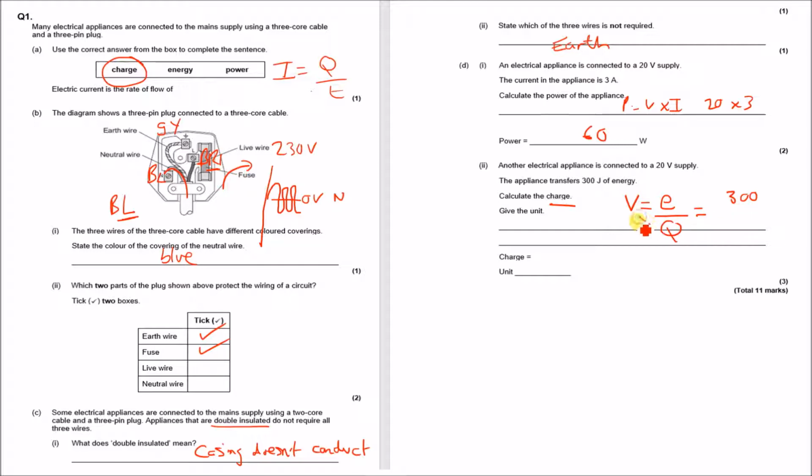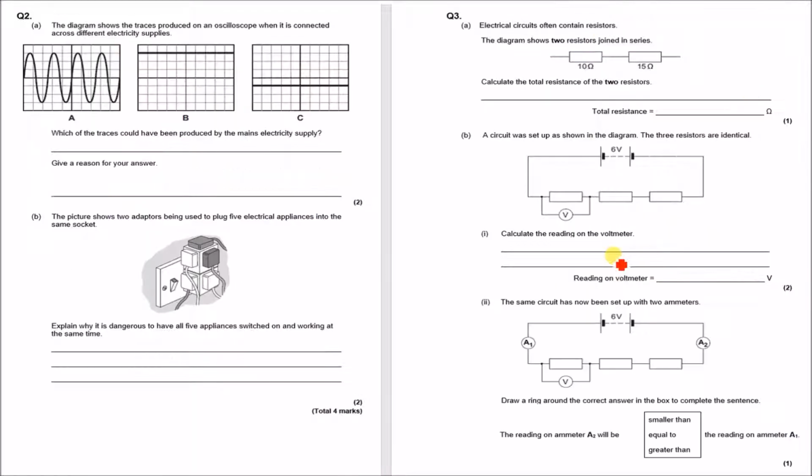Well, if we swap these two around, then Q is equal to energy divided by voltage, and that's equal to 300 divided by 20. 300 divided by 20 is 15, and Q, which is charge, is in coulombs, capital C.